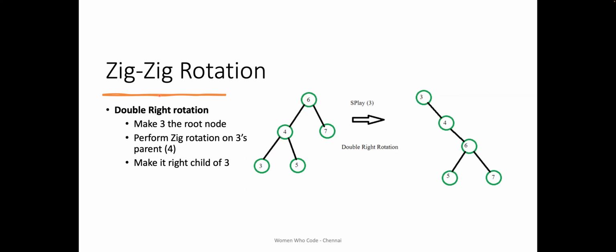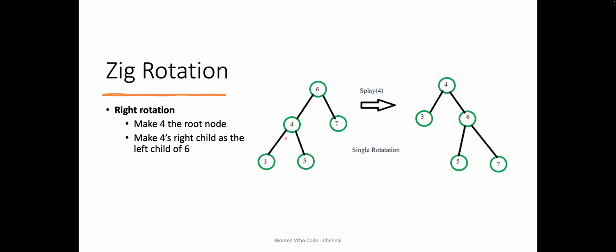So that's when zig-zig comes. Zig-zig is a recursive zig operation, like you do the zig rotation twice. So you make 3 the root, and then you perform a zig rotation on 4. Okay. So let me know if it is a little confusing, I'll go maybe slowly. So now just remember this alone. When I use this as the splay, what will happen? Move your 5 as a child of 6.